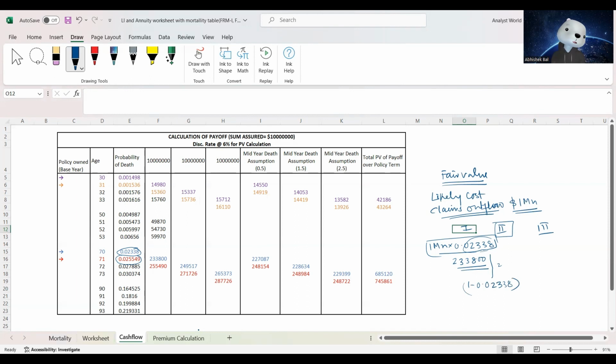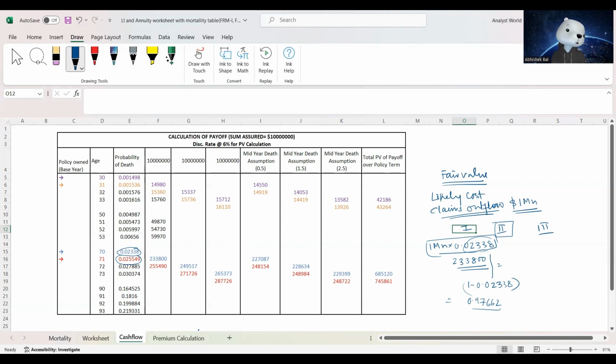If you do this math, it comes out to be 0.97662. Now this 0.97662 is the probability that the person is going to survive between the 70th and 71st year.